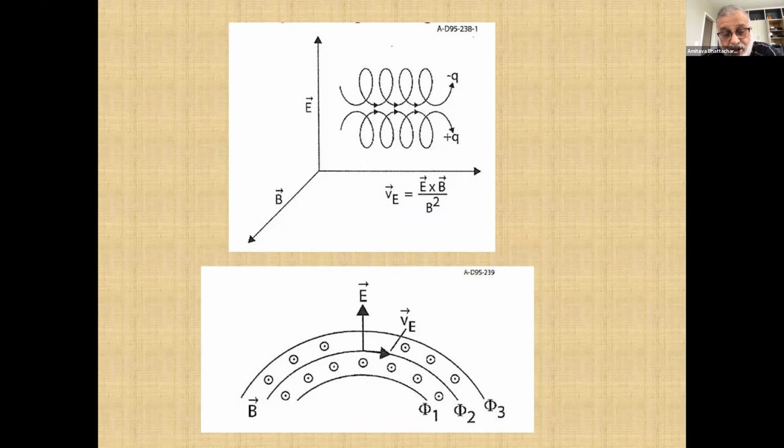But if there is a component of E parallel to the surface, then it would not be an equipotential surface, because equipotential by definition means that phi is actually constant. There can be no gradient of phi on an equipotential surface. So E is always normal to equipotential surfaces. So if E cross B drift is perpendicular to E and B, and E is perpendicular itself to the equipotential surface, it follows that drifting particles all lie on surfaces of equal potential.